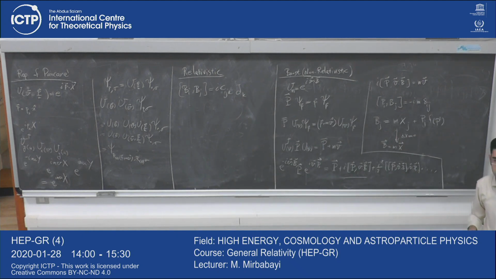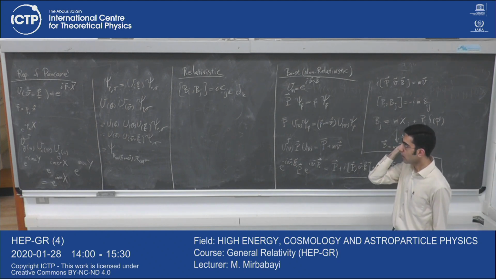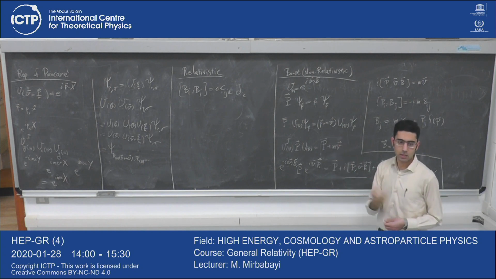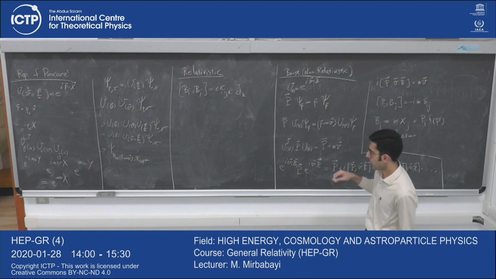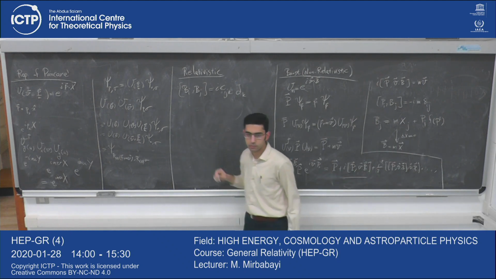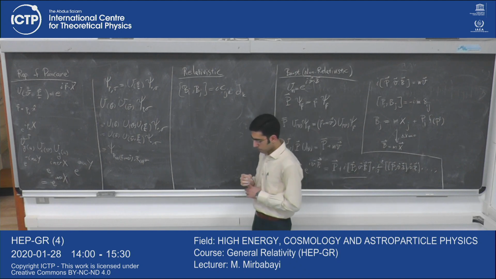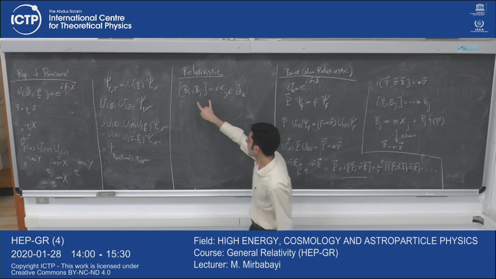This is called Thomas precession, something that, as I go to smaller velocities, becomes negligible. So what does it imply?